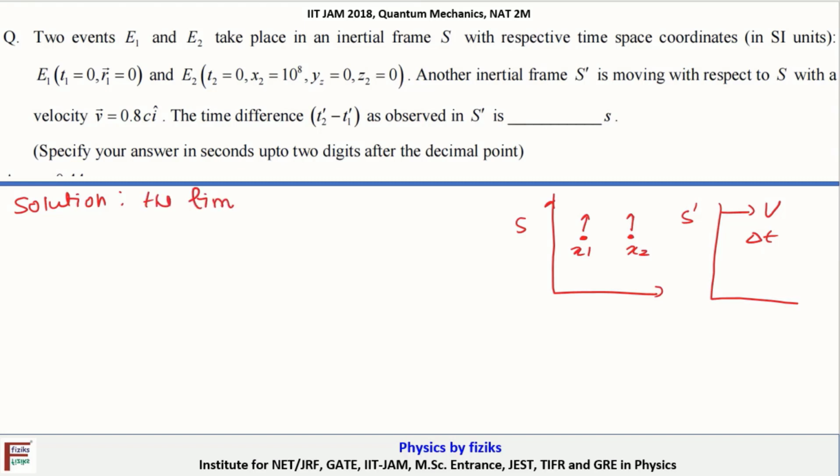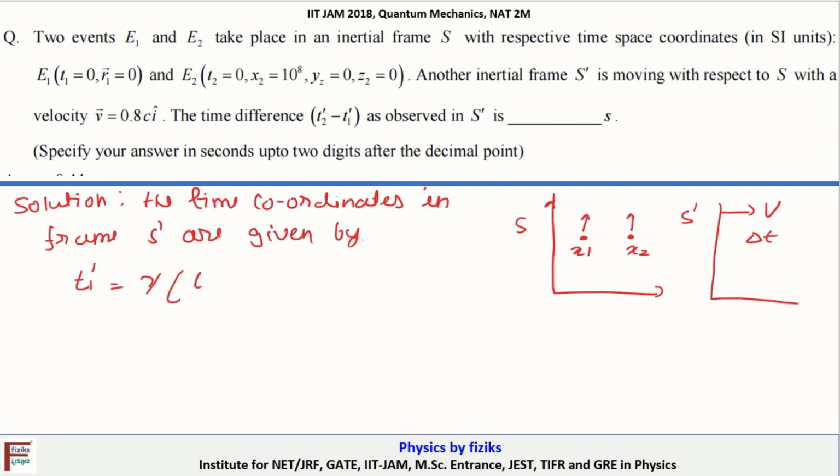The time coordinates in frame S dash are given by T1 dash is equals to gamma (T1 minus v x1 by c square), T2 dash is equals to gamma (T2 minus v x2 by c square).